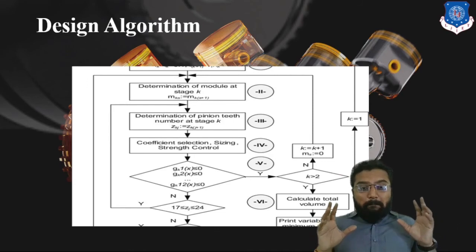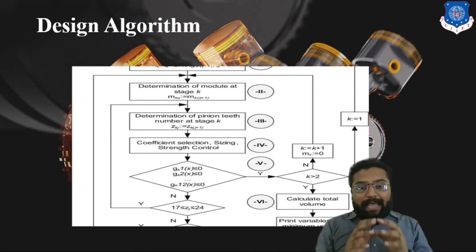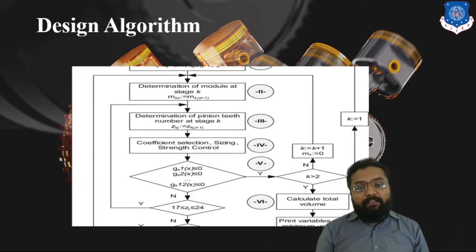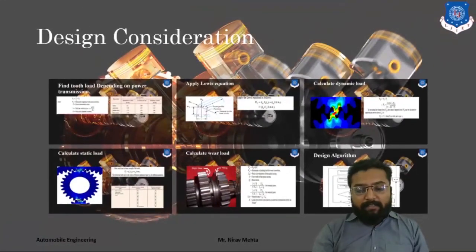So our main extensive design is purely to decide the geometry of your gear rather than anything else. So here we have developed different geometry of gear. I hope you have understood the step by step procedure, or you can say the algorithm, of our gear design.